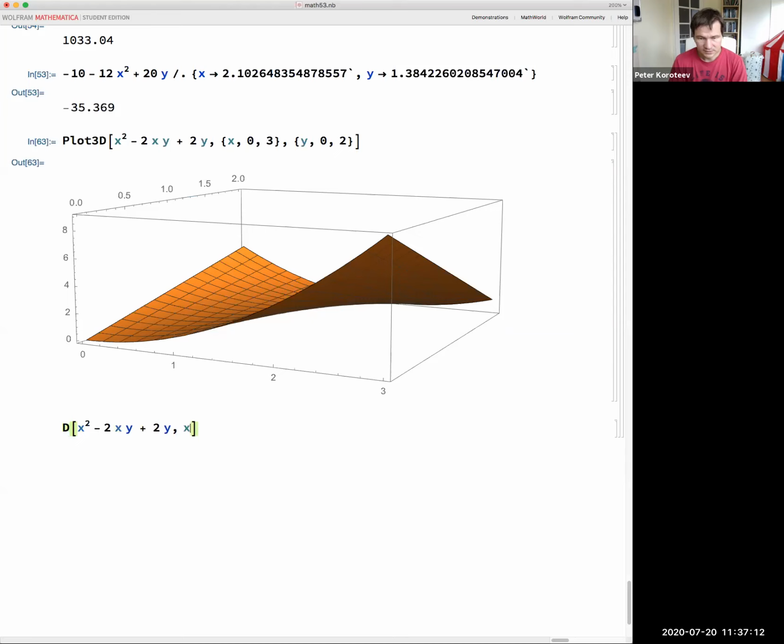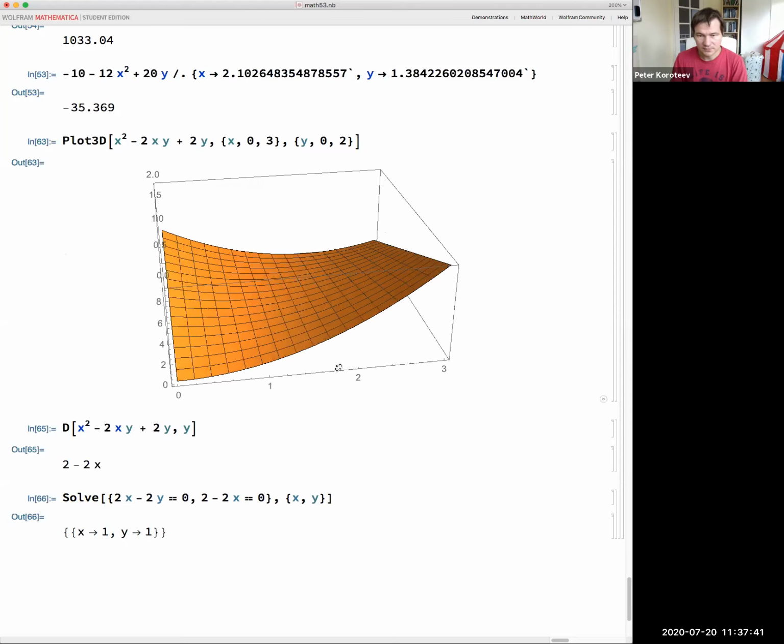Its x derivative is this thing. Its y derivative is that. Kind of easy to solve, but nevertheless, since we're doing everything on the computer, there's only one, there's a point (0, 0) here.